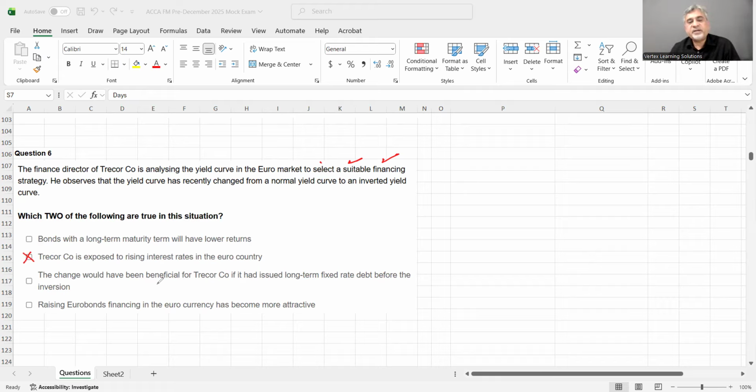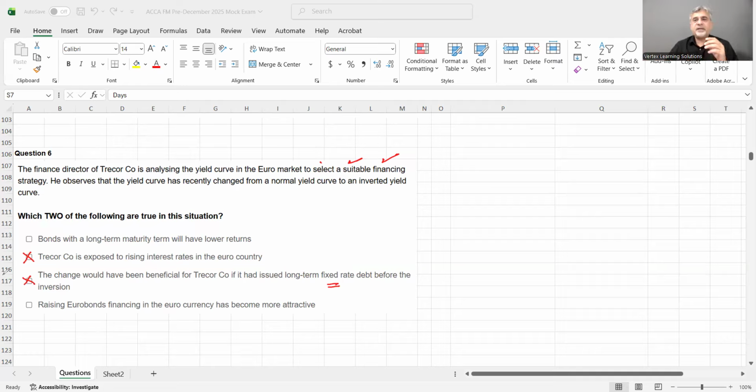The change would have been beneficial for Tracker Company if it had issued long-term fixed rate debt. No, that is wrong, because if we expect that in the long term interest rates are going to go down, you always take a variable rate loan agreement.